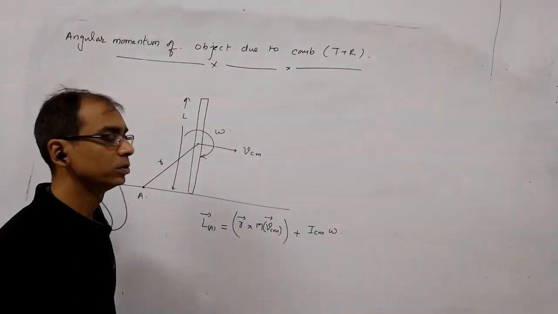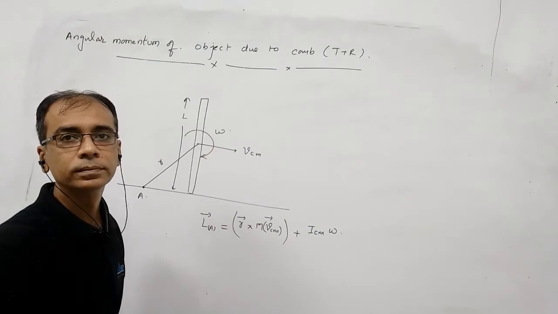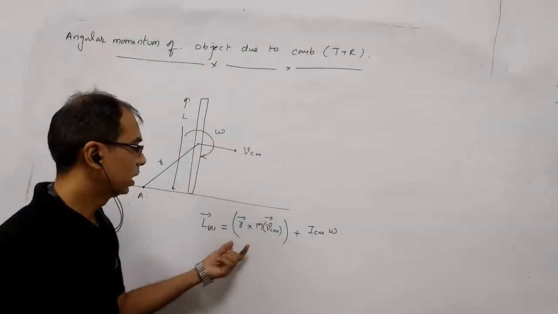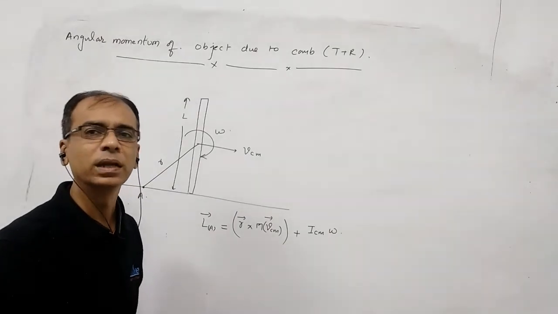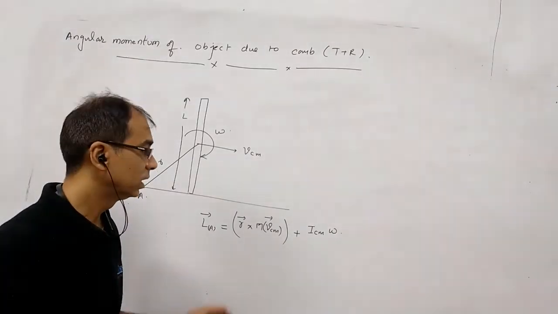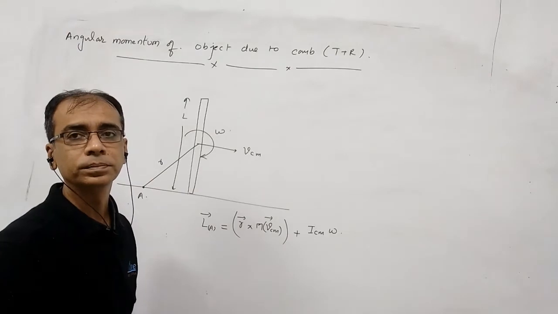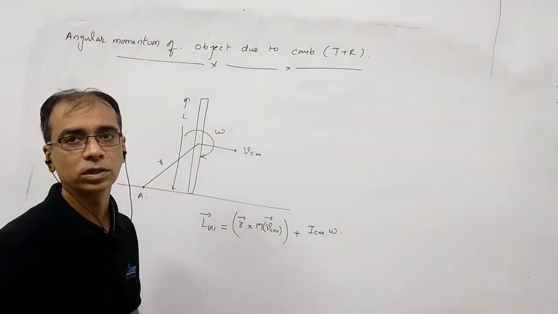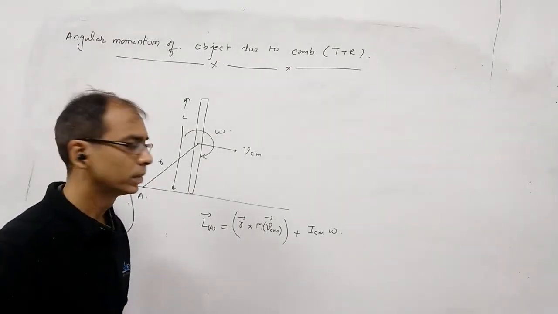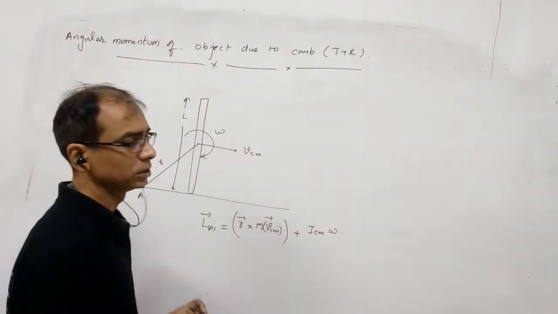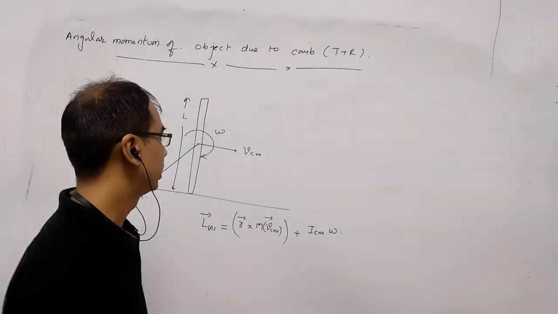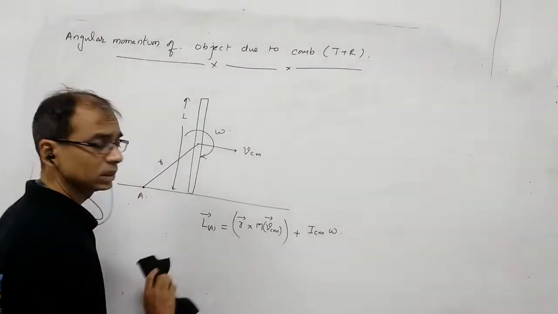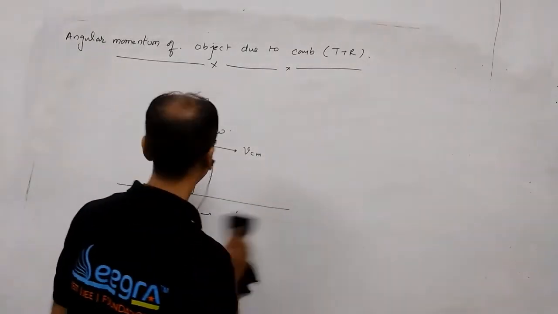Okay, R cross MVCM plus ICM omega. Again, a very similar thing, but we need to remember it, that's really necessary for us. So this is how angular momentum is written. I'll give you some questions, and we'll see how to write angular momentum in particular. And this is the formula. Now let's see.